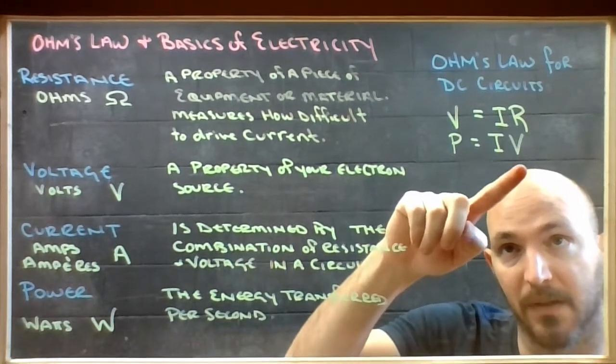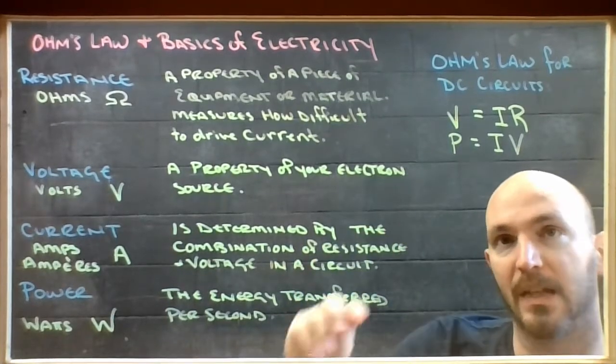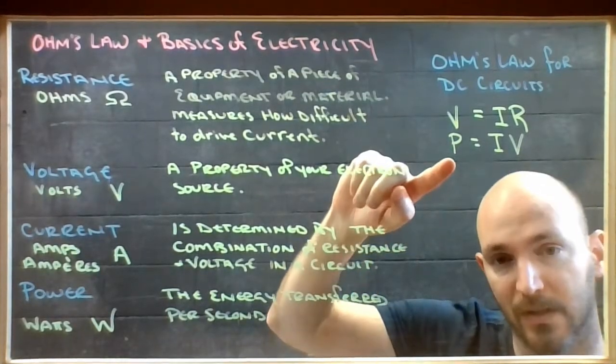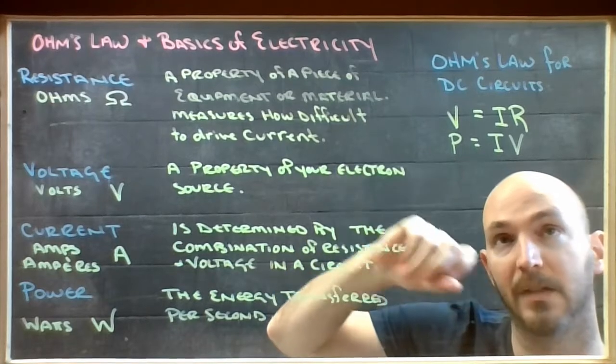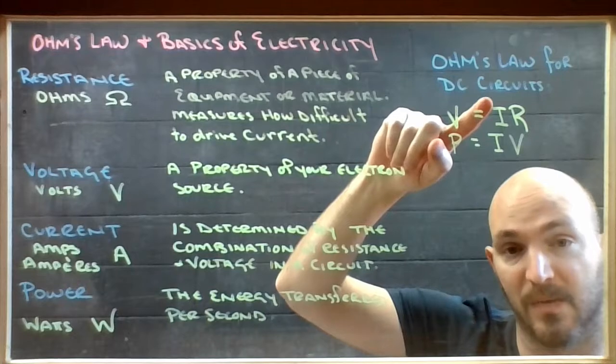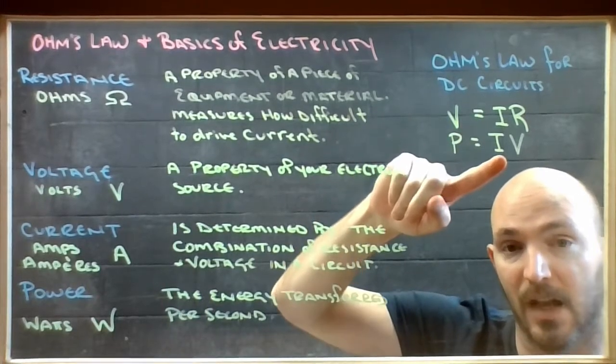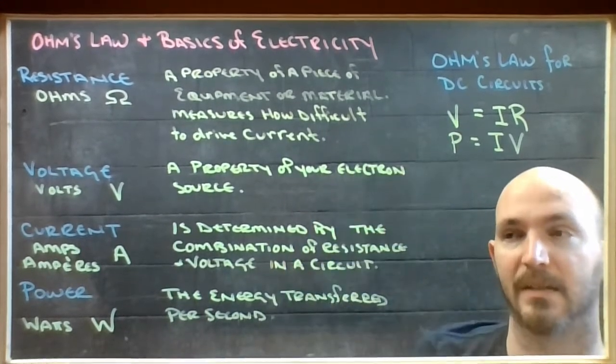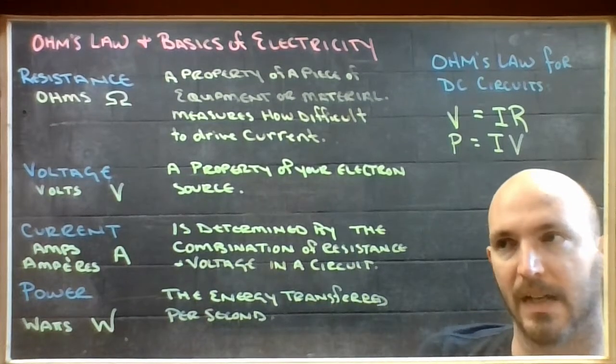So bigger this means bigger that. If you have a lower voltage, then you're going to have a lower power. If you have a huge resistance and a small voltage, which leads to a small current being driven, then there's not much flow, so the power is less. And these things are all interconnected.